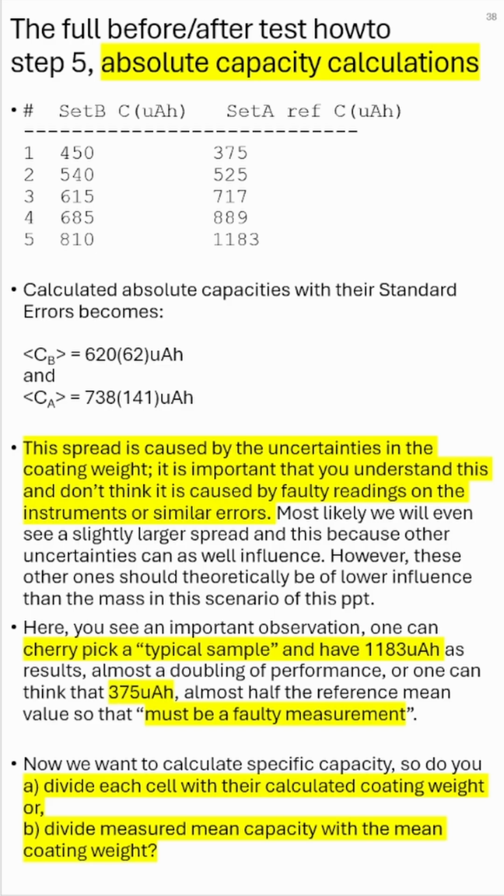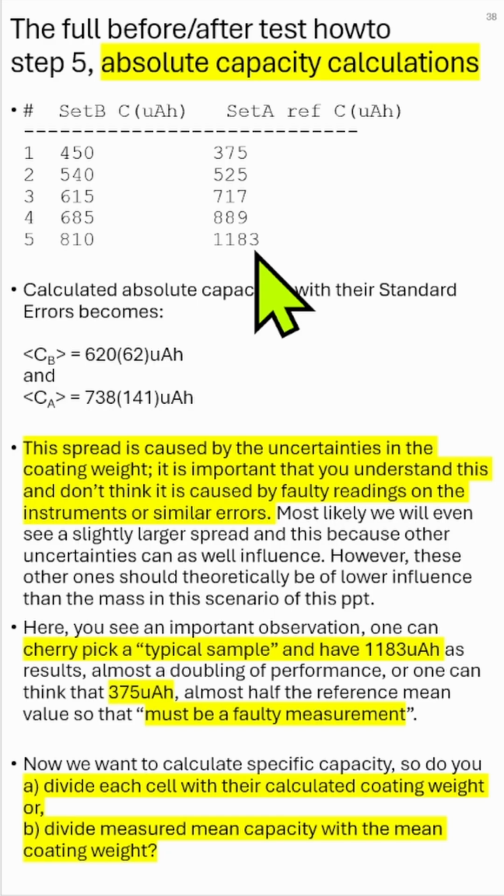You can also see this important observation here, because if we look on that modified A set, we can choose our so-called typical sample here, 1183. That's a lot, right? So that is almost doubling the performance of the values we see in the B column there, right?